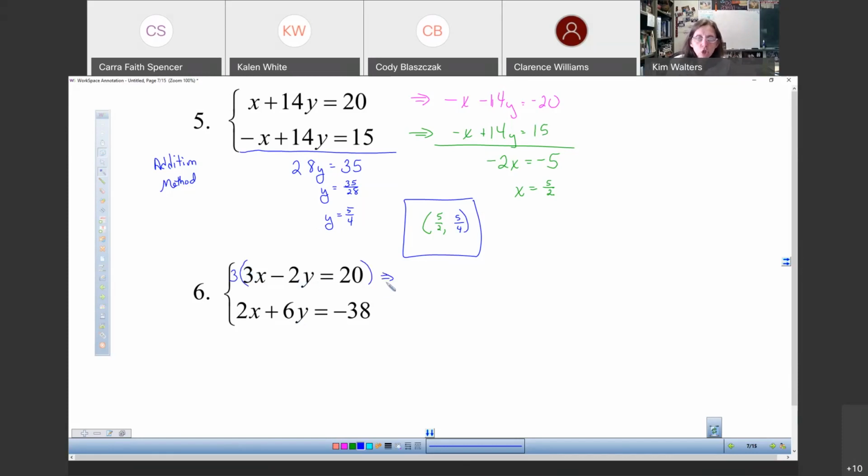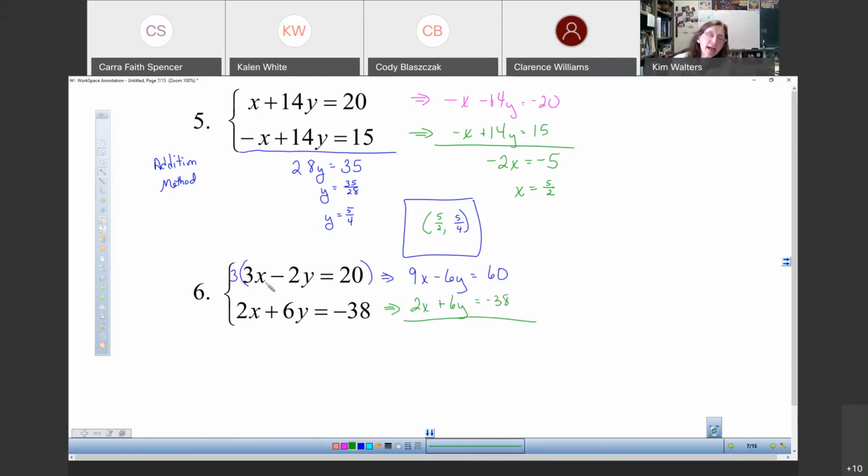All right. So I'm going to have 9x minus 6y is equal to a positive 60. Okay. And then my second equation, I'm not going to change at all. And that's going to be 2x plus 6y is equal to negative 38. All right.